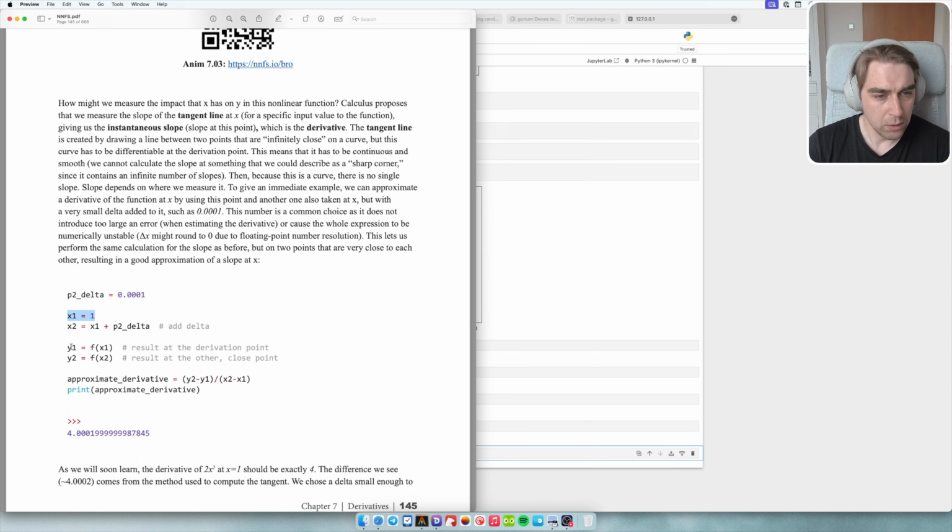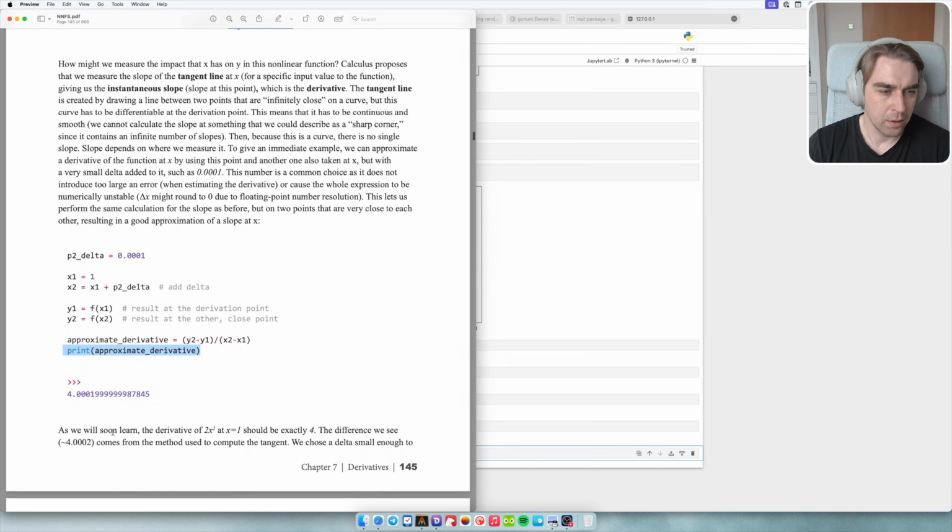So then we calculate 2 values, and then we approximate the derivative, and then we take the result. As we will soon learn, the derivative here should be exactly 4, and we'll see why.